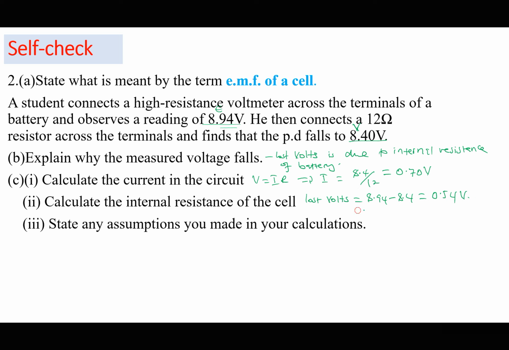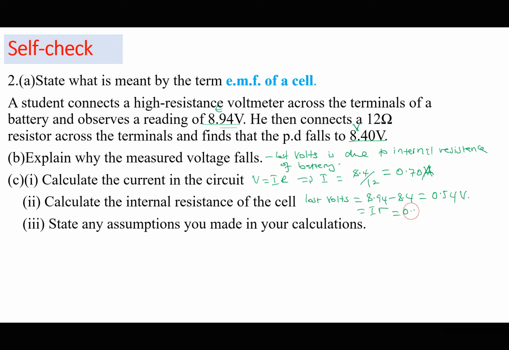Remember, lost volts is equal to I times R. The same current flows. The current was 0.70 amperes, not volts.